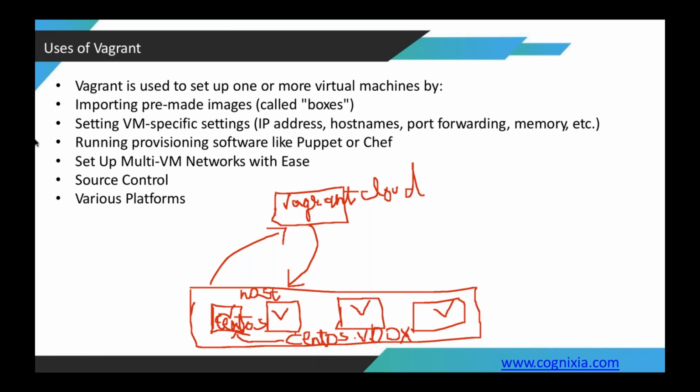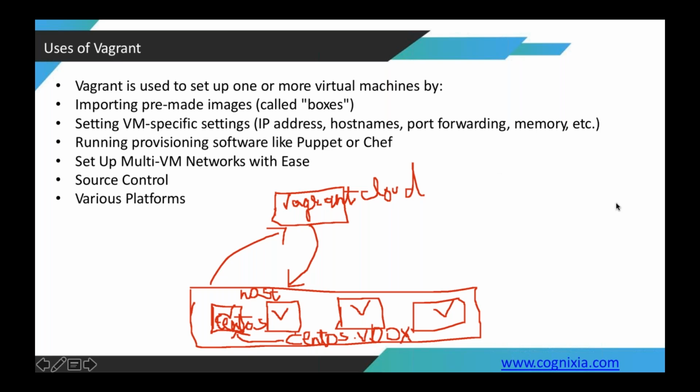And not only CentOS VBox, you can specify any operating system. You can run Ubuntu or Debian or whatever you want to run. Every time you run it, it will use that to create a virtual machine for you. I hope that's clear to everyone now.